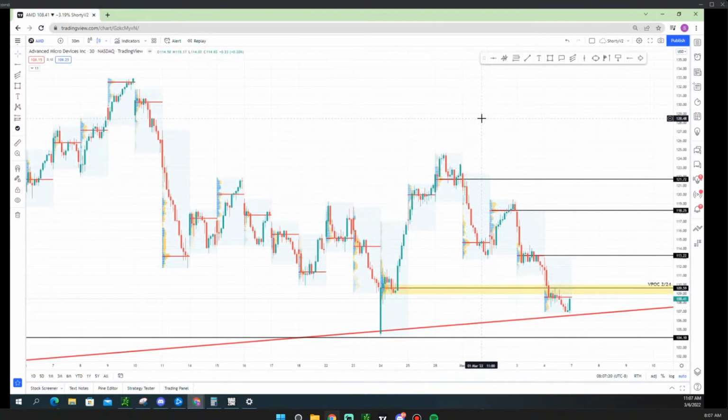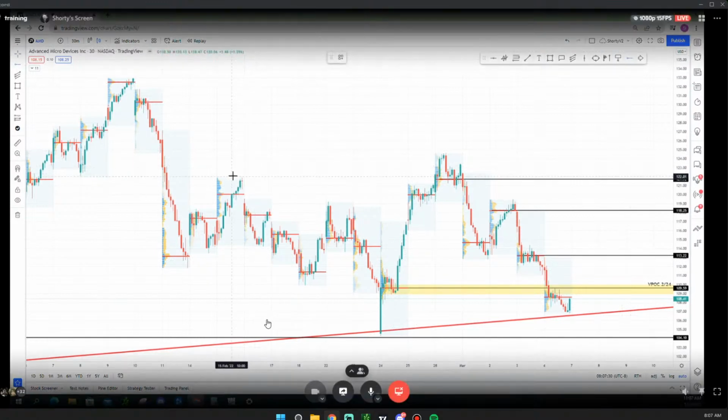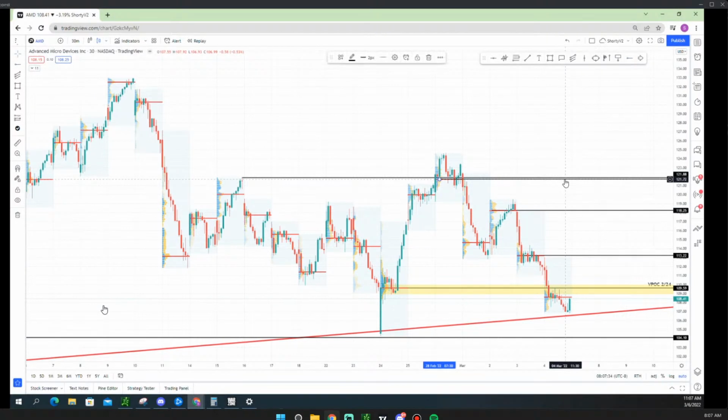People were excited when it broke the high of 121.85. If you go look on Twitter, everybody had this level of 121.85. They said, once it breaks this, we're going to the moon. I wrote that we're going to come back to this 109 level before the next leg up.